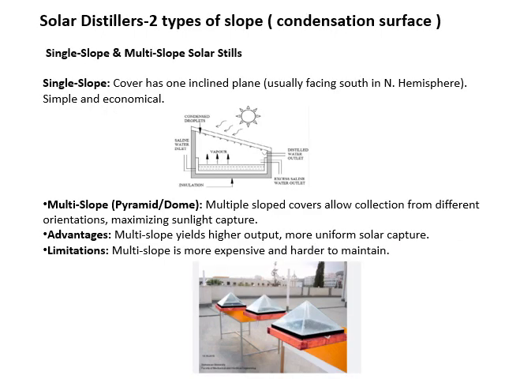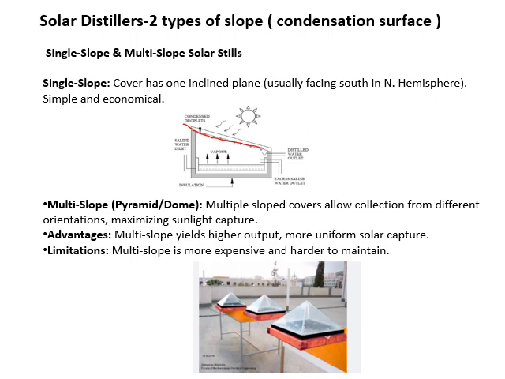Let us have a look at how we can divide the solar distiller based on the condensation surface, that is, the transparent inclined surface. The solar distiller is mostly classified into single slope and multiple slope stills. You can see for the single slope there is only one slope.